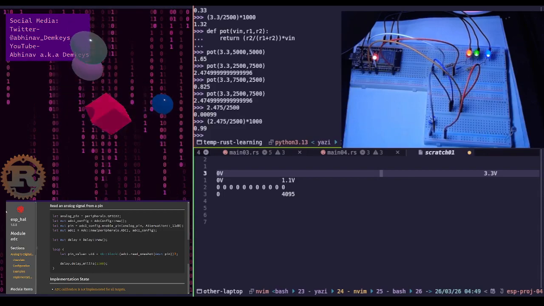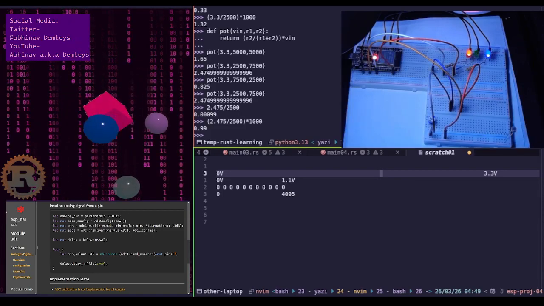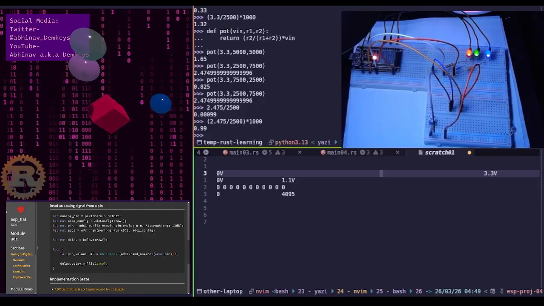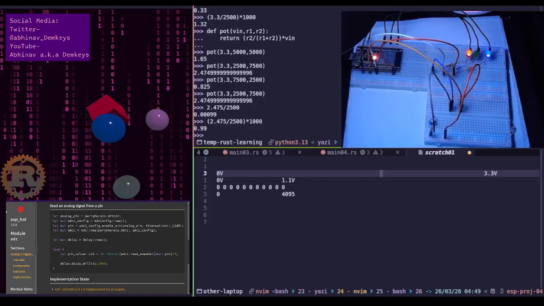Okay, so I didn't take the pin's own impedance into account.